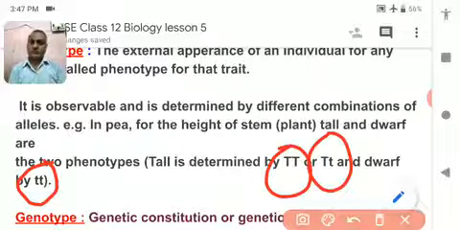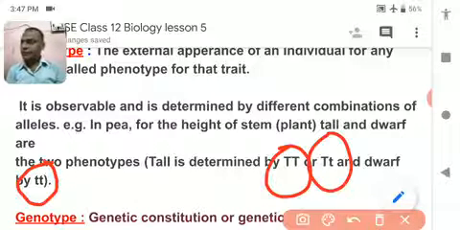So phenotype is the physical appearance of a trait which can easily be observed, although the genetical makeup of that particular character or trait may be different.